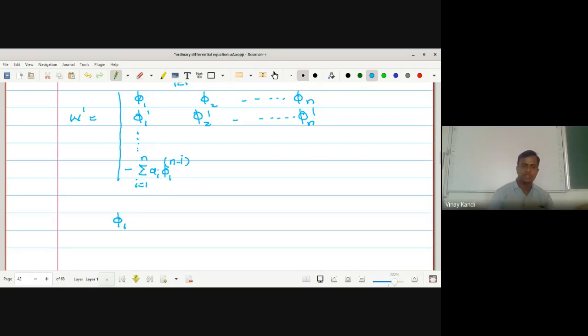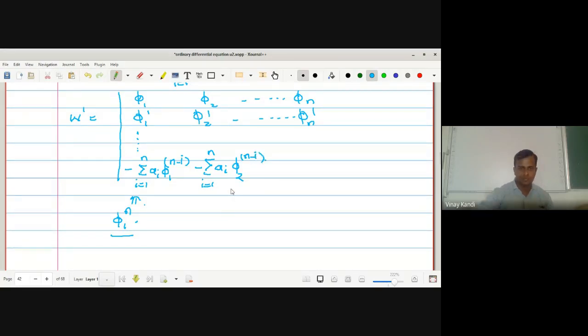This is the value of phi 1 raised to n. Likewise, what will come for phi 2? Minus summation of i running from 1 to n ai phi 2 raised to n minus i.